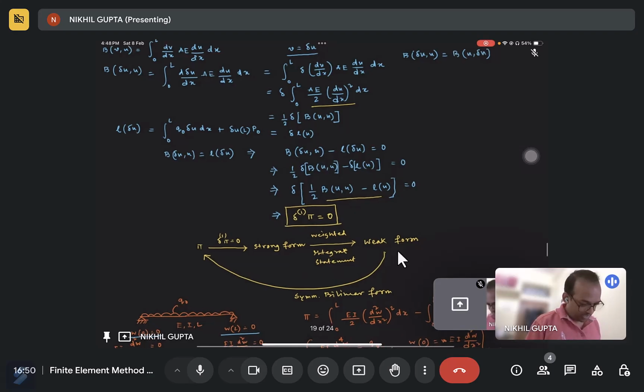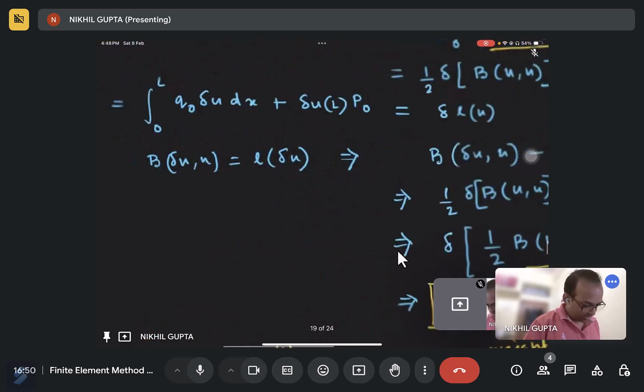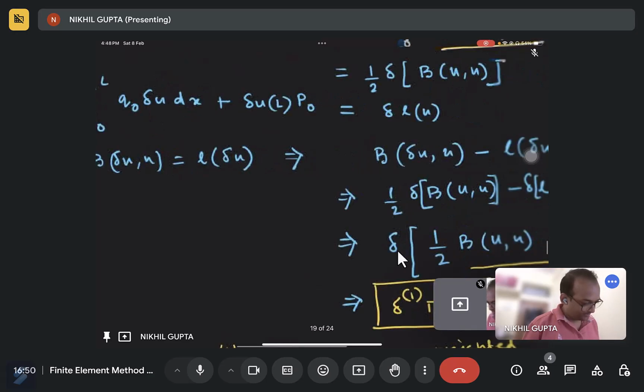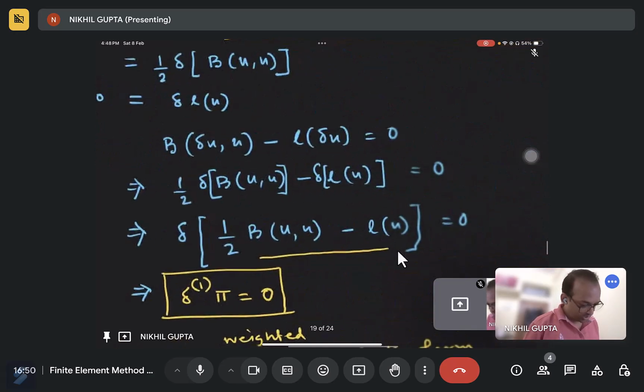So what he is doing, this B is written like this, like this, like this, and you get like this. Now you can get the check. You do it up to the time.